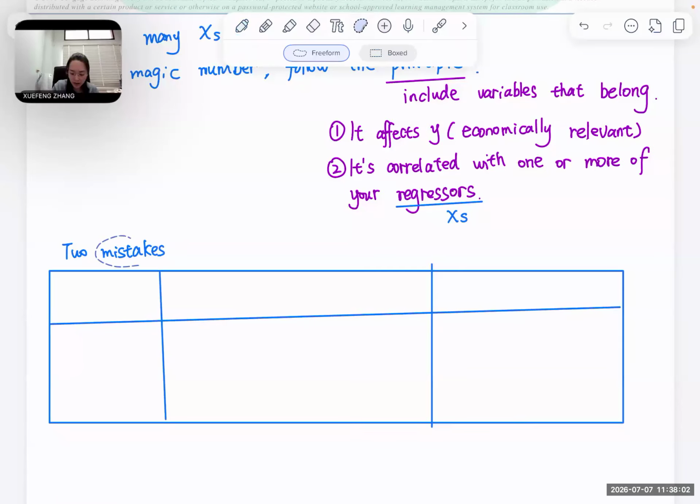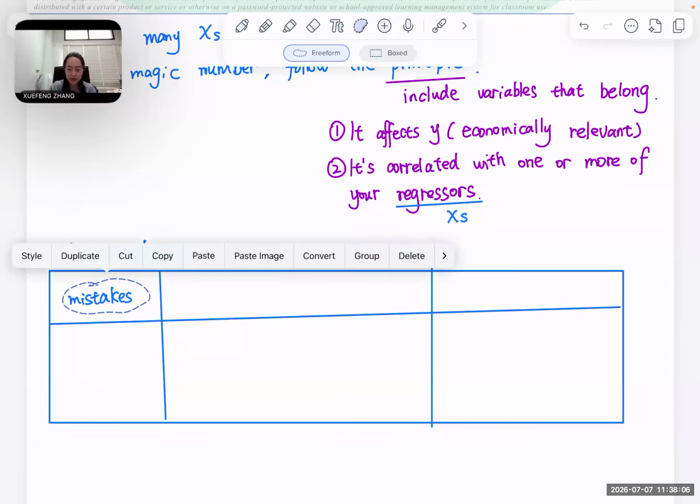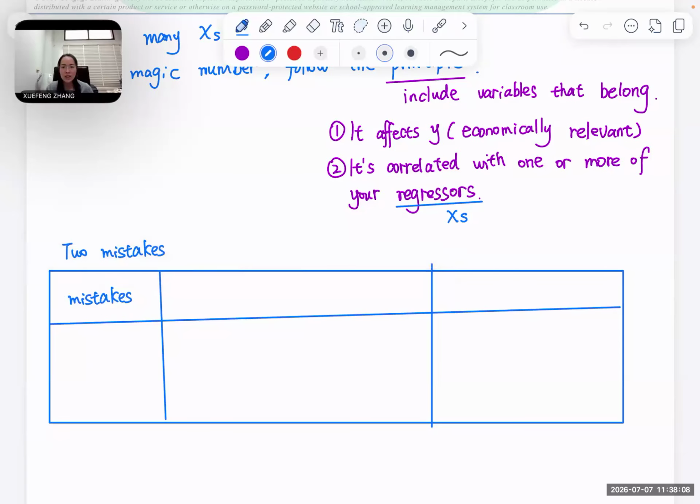What are they? And what is it called, how we call it in econometrics, and what is the consequence of that mistake?